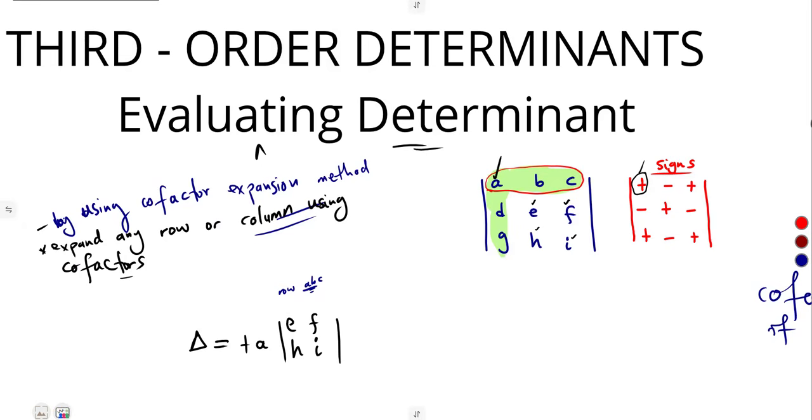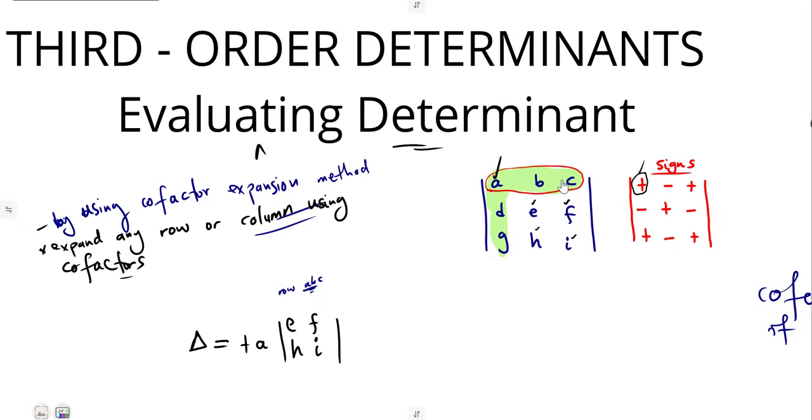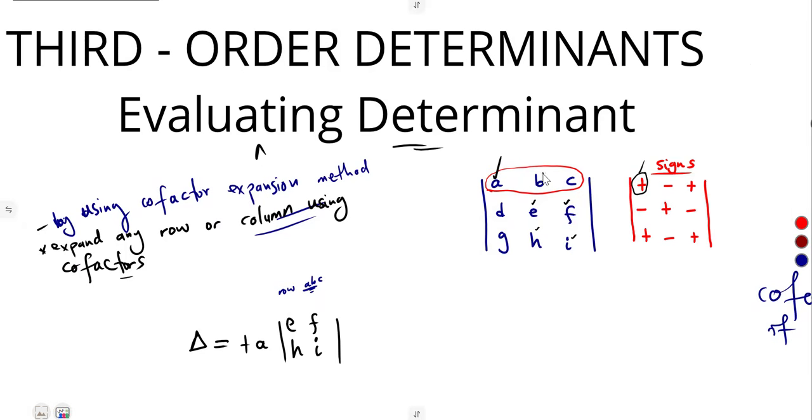So we move on to the next element in that row that we chose. What is the next element? From A followed by B. So we move on to B. But B has to be affected by the sign.